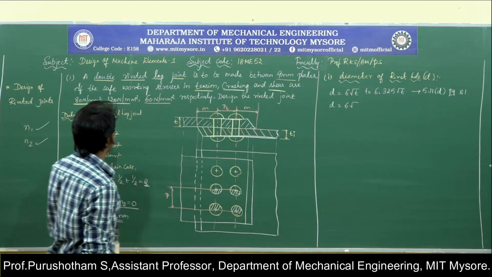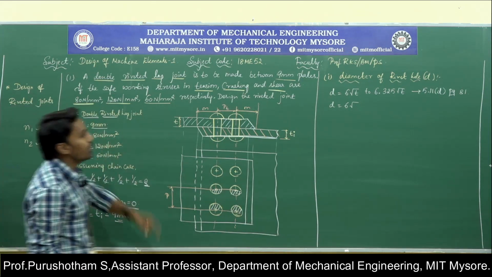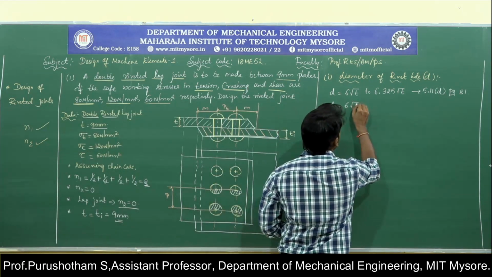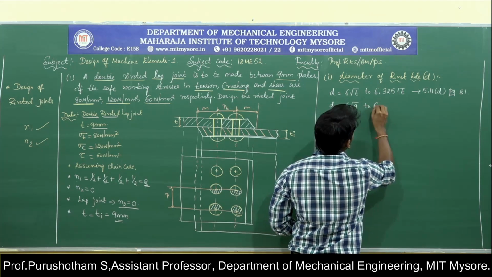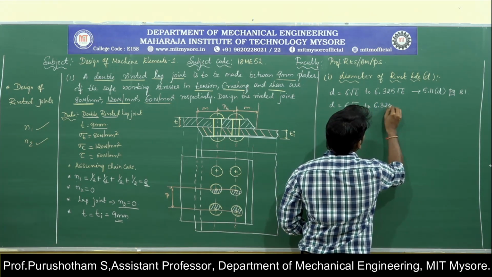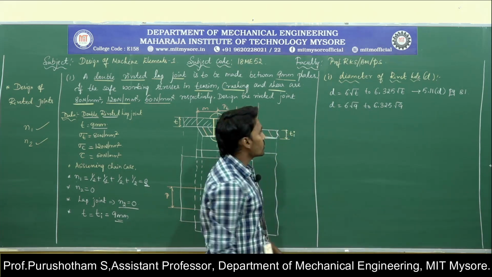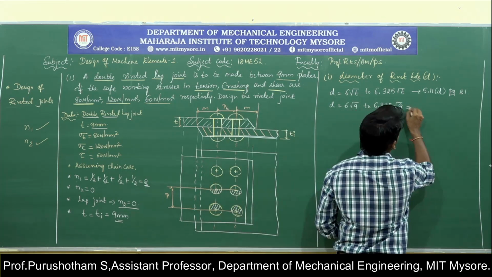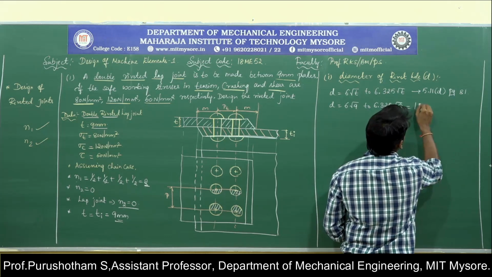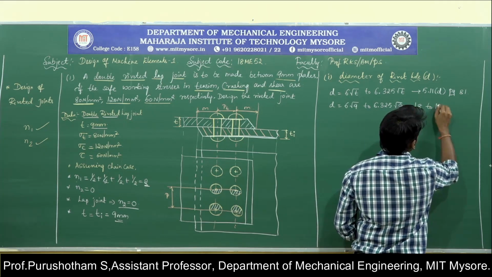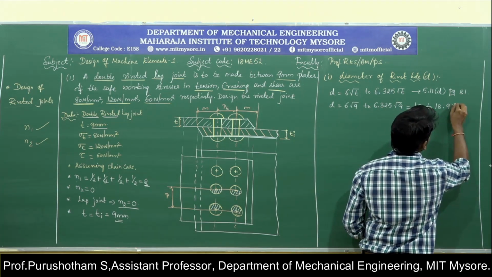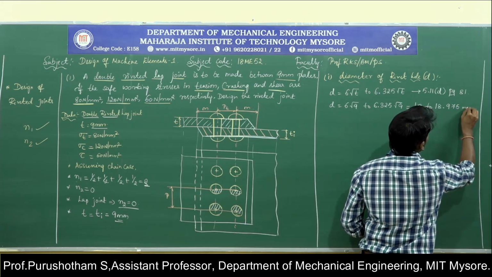Now I am going to substitute here D equals 6.325 root T. What is the value of T here? The thickness of the main plate is 9 mm. So D equals 6.325 root 9. If you simplify this, you will get 18.975 millimeter.